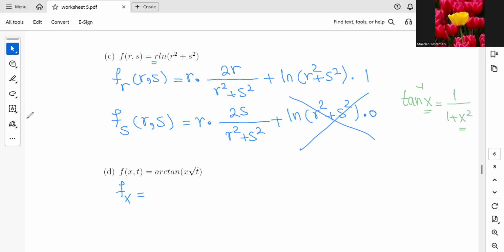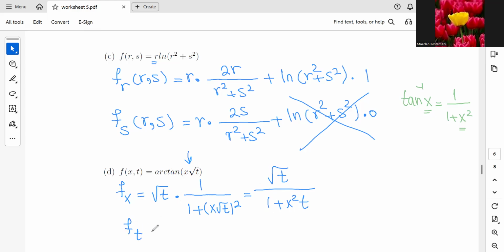So in here, since the variable is x, it will be the derivative of inside with respect to x, which is square root of t, times 1 over 1 plus whatever you have, which is x square root of t to the power 2, and you can simplify this as square root of t over 1 plus x squared times t.